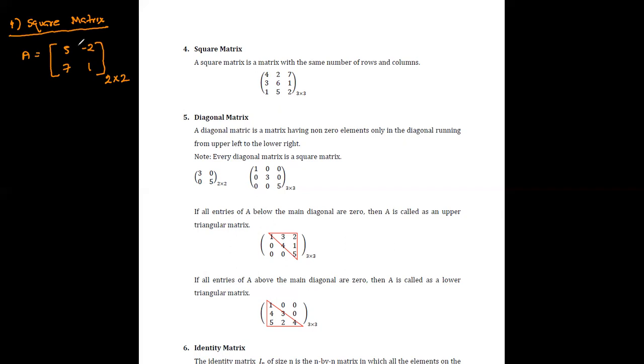Generally, we say that a matrix is a rectangular array of numbers. If you look at the shape of a rectangle and a square, the square is a special case of a rectangle. If all four sides are equal, then such a rectangle is named a square.